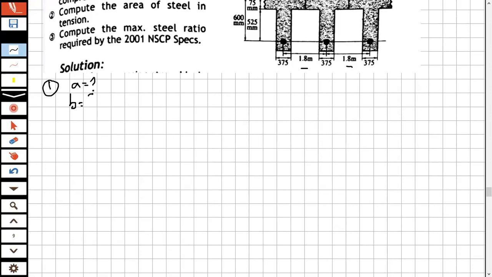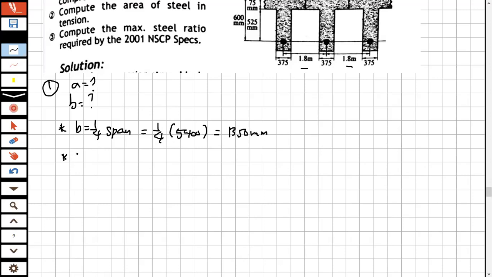b could be 1/4 of the span. What is 1/4 of the span? The span given in the problem is 5,400, which gives 1,350 millimeters.